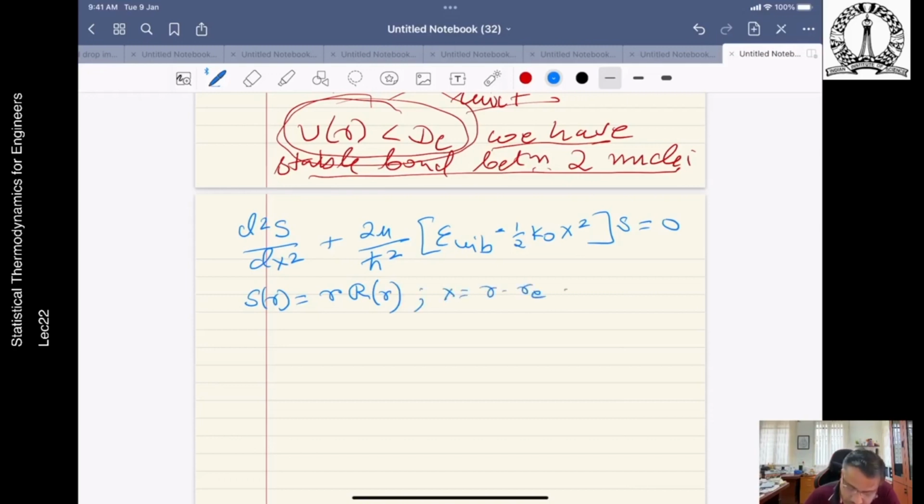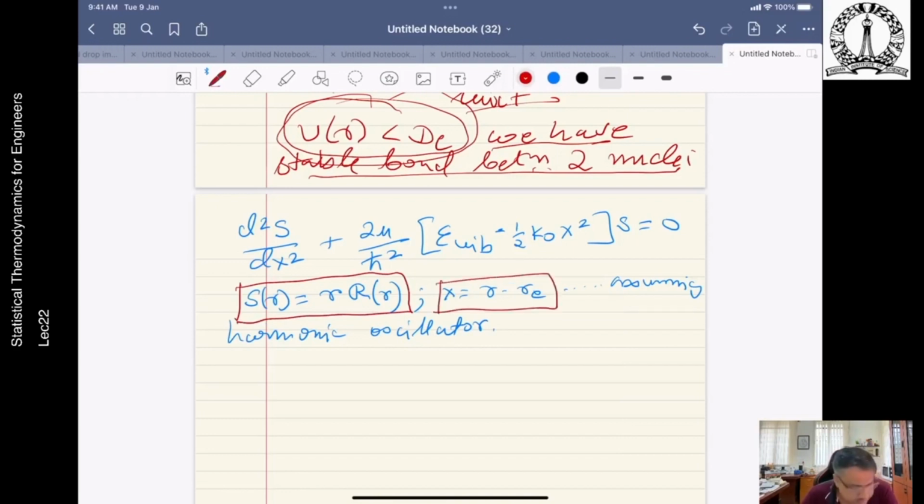This is all assuming a harmonic oscillator, and therefore this is the expression that we write. So this is basically your R, and this is basically your x. All right.